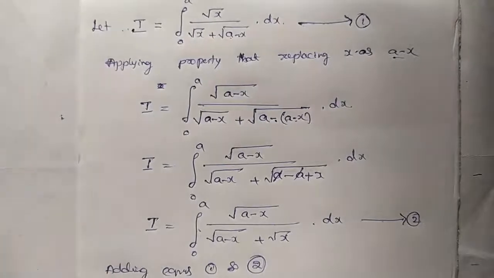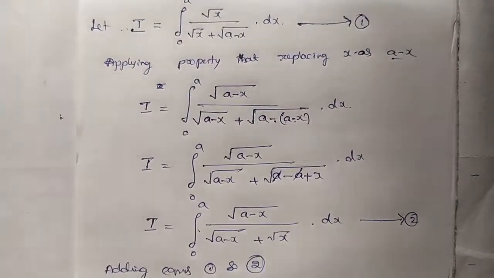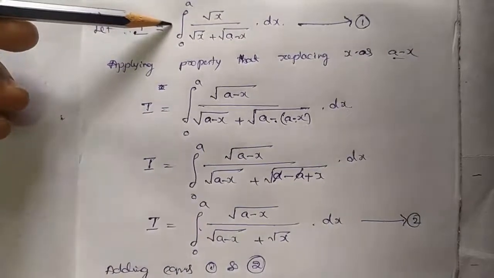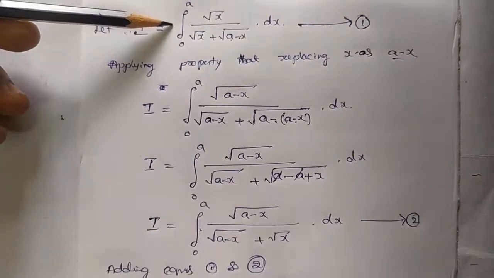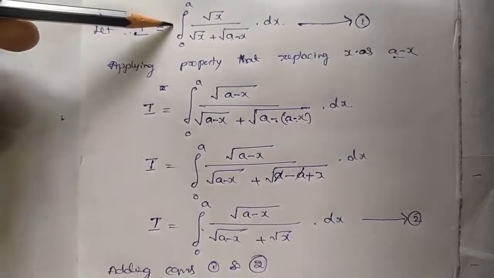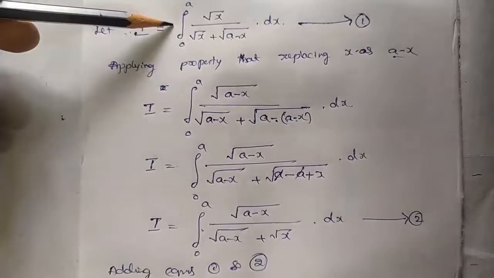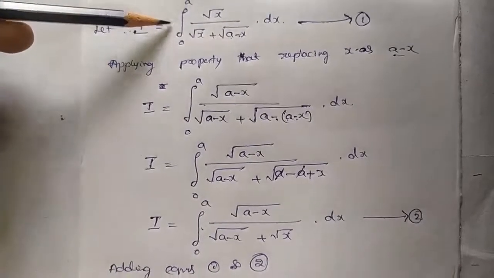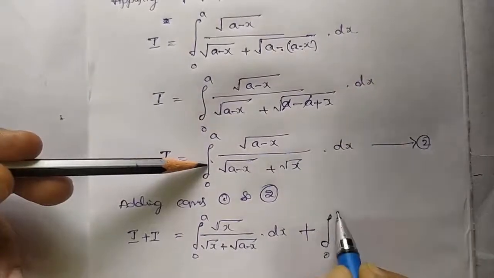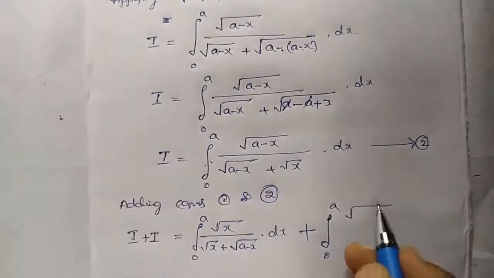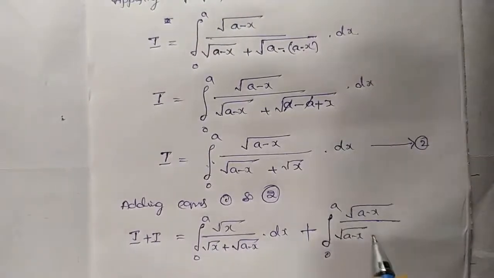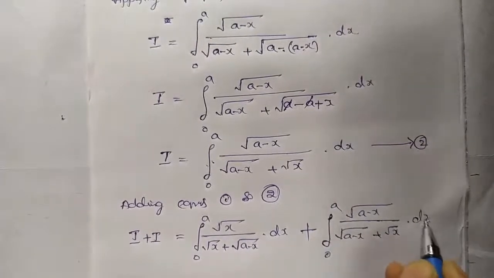Left hand side I plus I equals, see the first equation, integration of 0 to a root x divided by root x plus square root of a minus x into dx, plus next see the second equation, integration of 0 to a square root of a minus x divided by root a minus x plus root x into dx.